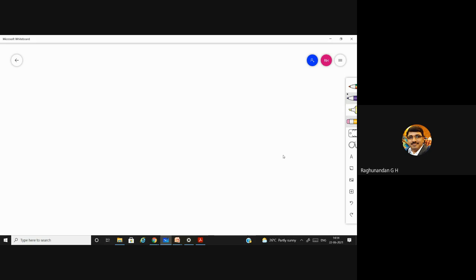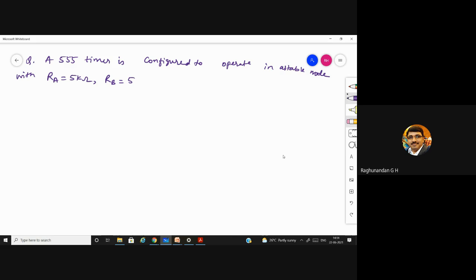The first problem: a 555 timer is configured to operate in astable mode with RA equal to 5 kilo ohm, RB equal to, okay, we'll change it.